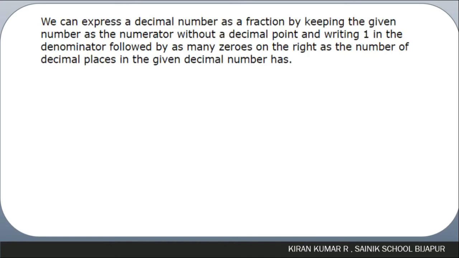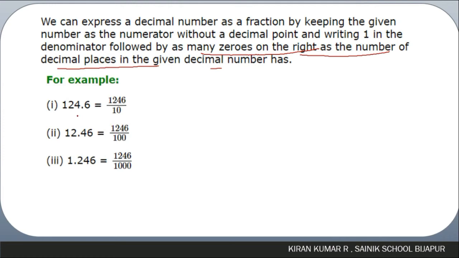We can express a decimal number as a fraction by keeping the given number as the numerator without the decimal point and writing 1 in the denominator followed by a number of zeros equal to the number of decimal places of the given decimal number. So for example, 124.6 is nothing but 1246 divided by 10.